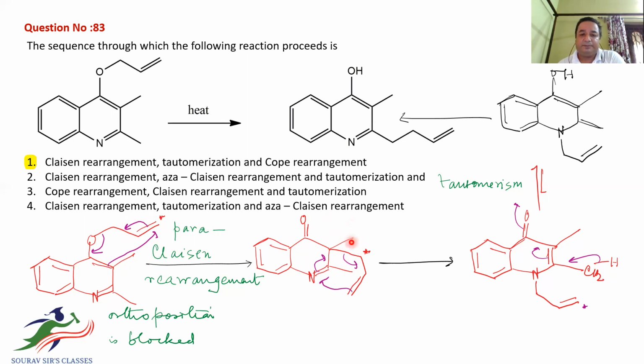Now, again, there will be another Claisen 3,3 sigmatropic shift, eventually giving you the para-Claisen rearrangement product. So here we will again consider this to be 1, 2, and 3, and this as 1, 2, and 3. So this carbon will now join with this nitrogen, okay? And after the 3,3 sigmatropic shift, our product will look something like this.